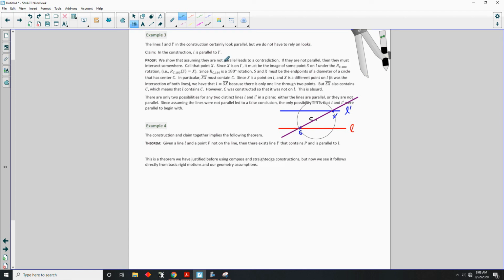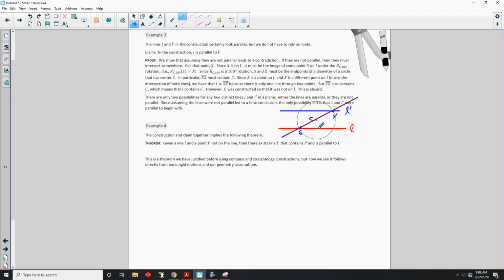That's basically what this paragraph just said. Going through everything we just said, we're now stating that C has to be on L, and it obviously is not.